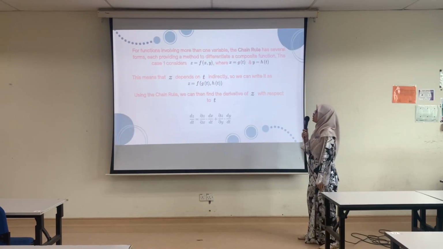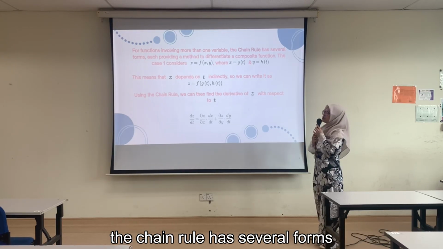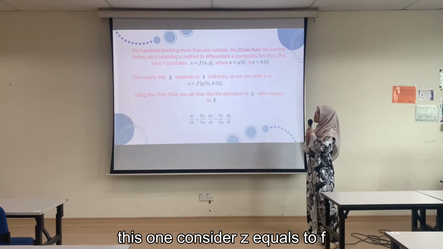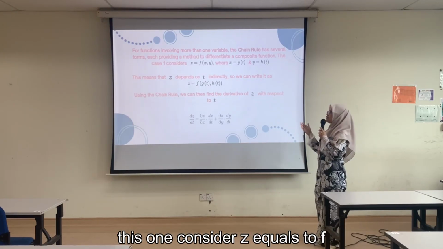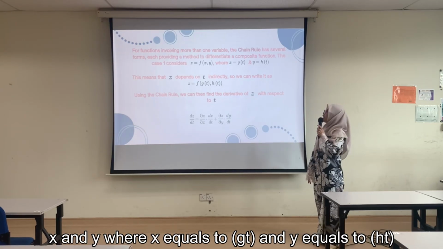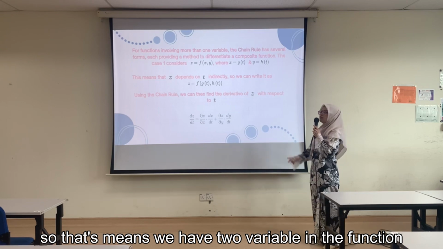For function involving more than one variable, the chain rule has several forms. This one considers z equals f(x, y), where x equals g(t) and y equals h(t). So that means we have two variables in the function.